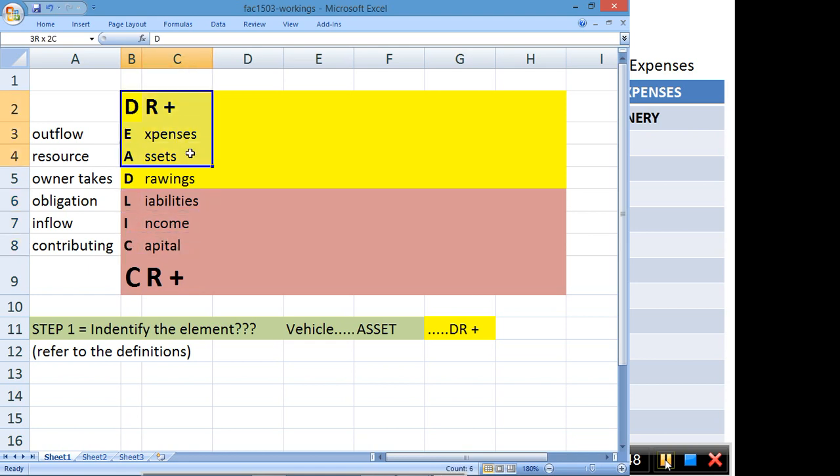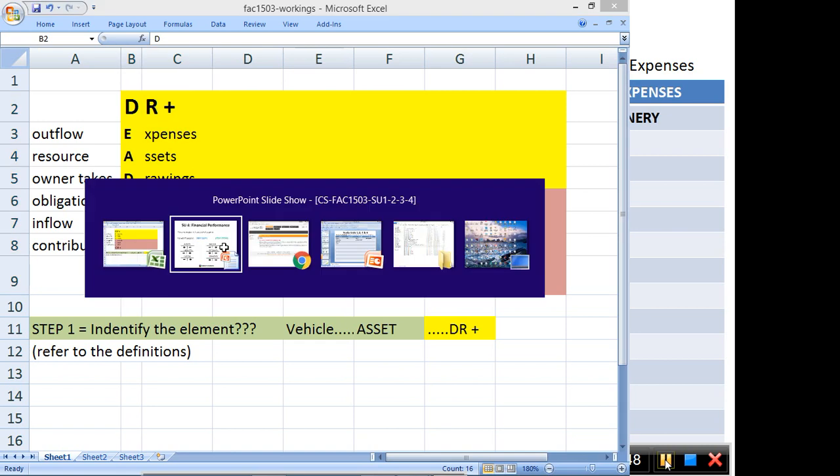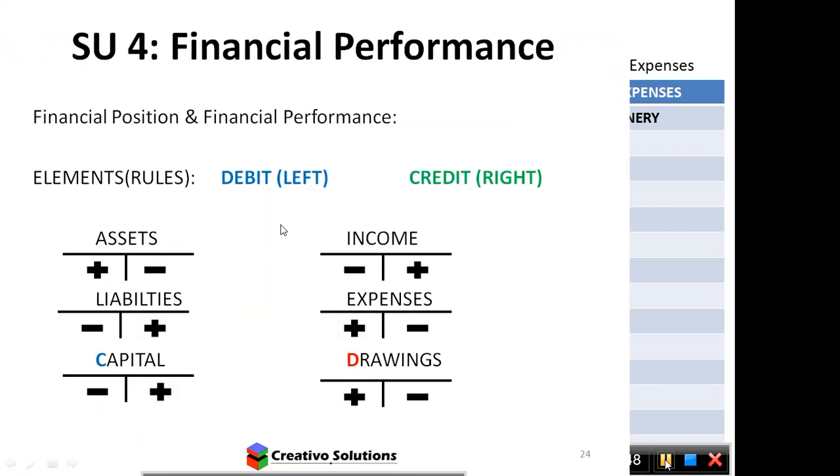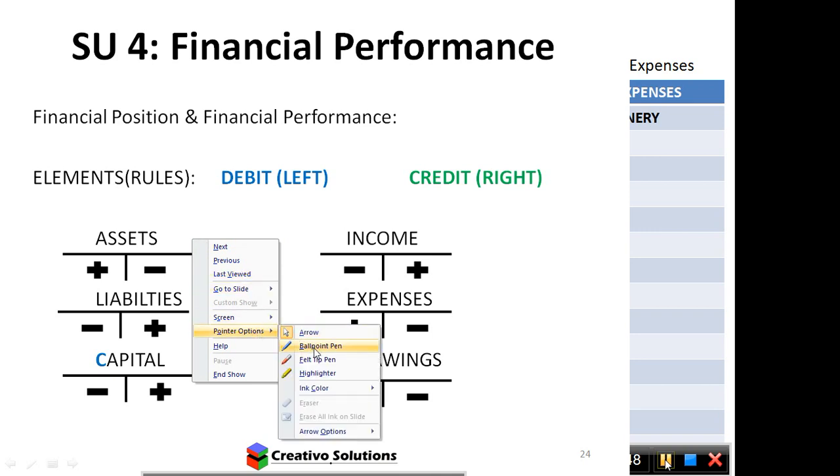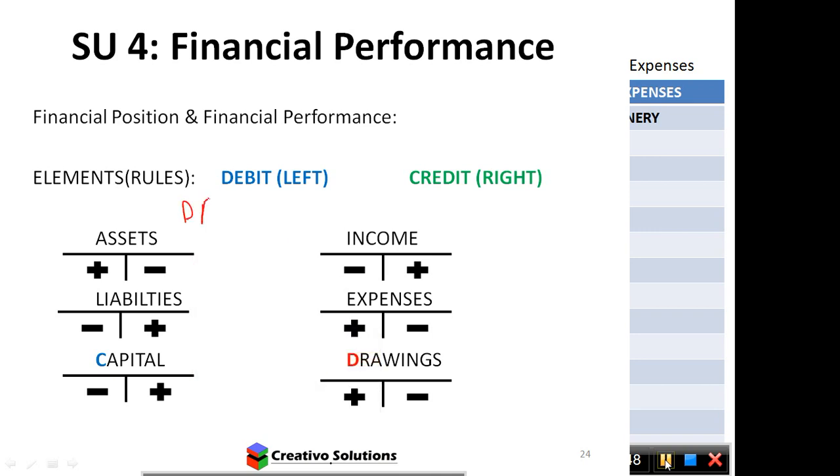So this is giving you that, but in words. This is debit assets plus. There's the plus. DEDLIC is just a way to help remember all of these rules. That's all it is. So I'm remembering what these things are.